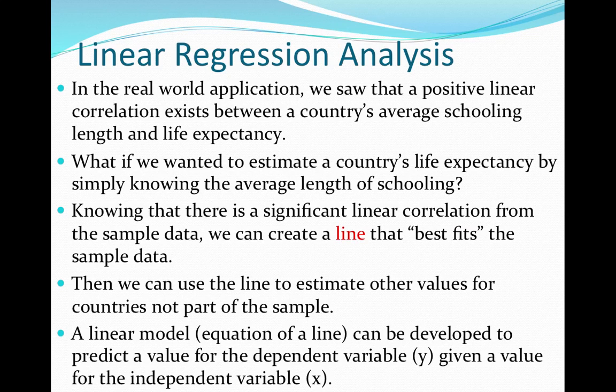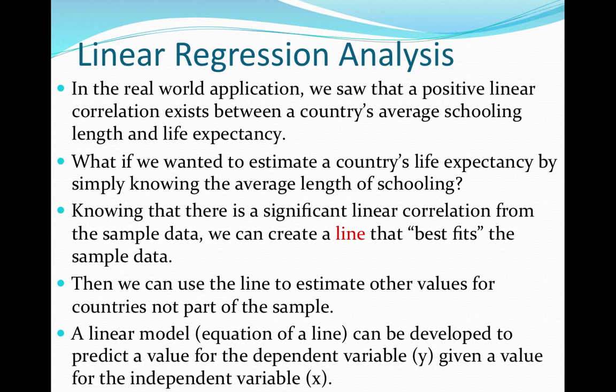Okay, so a linear model, which is basically an equation of a line, can be developed to predict a value for the dependent variable y given a value for the independent variable x. So our x is always the independent variable on the horizontal axis, and our y is always the dependent variable on the vertical axis.